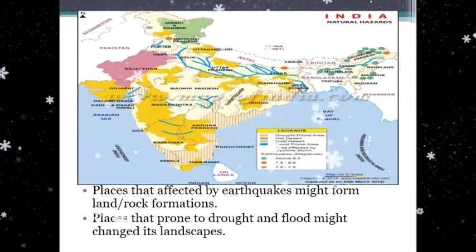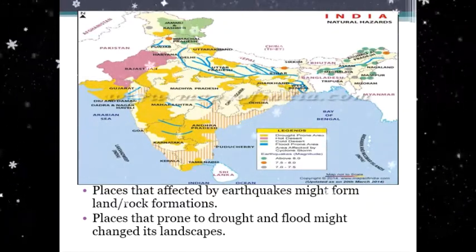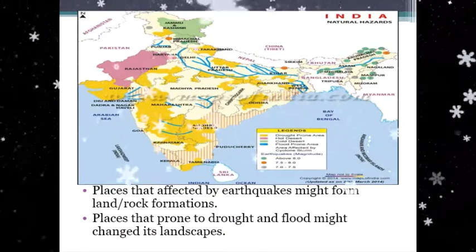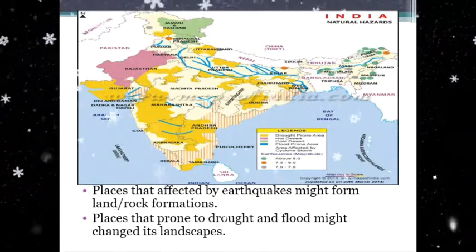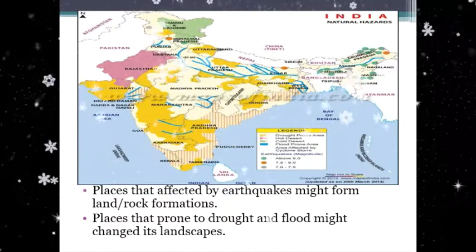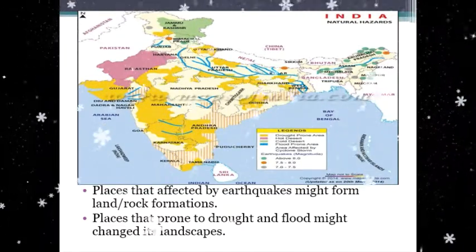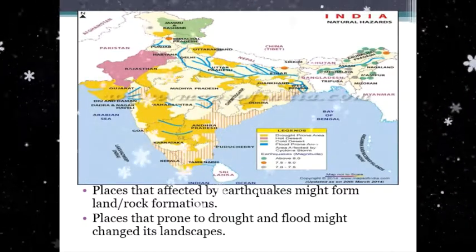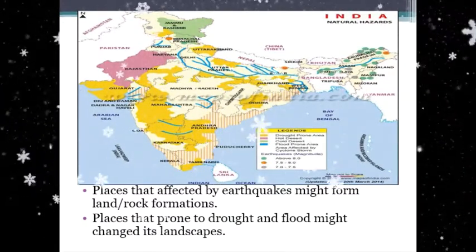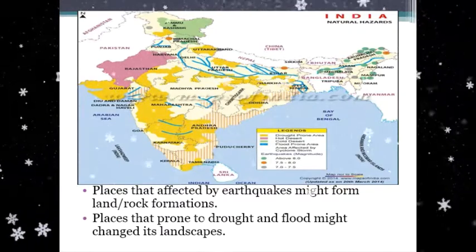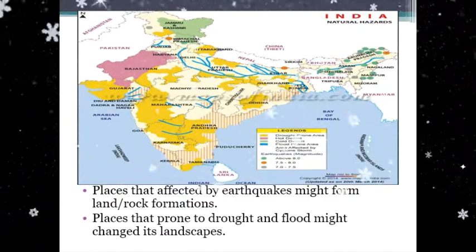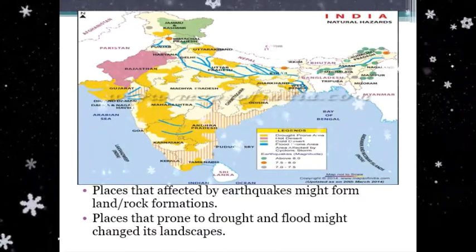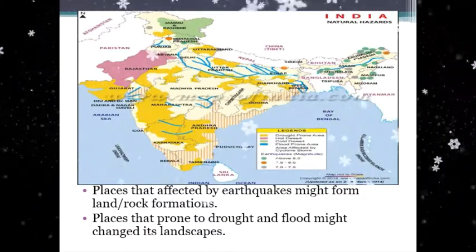So places that are affected by earthquake. What are the places affected by earthquake? Flood-prone areas are in blue, and places prone to drought and flood might change their landscape. Those in yellow color are like Karnataka, Goa, Maharashtra, Andhra Pradesh, and Odisha.